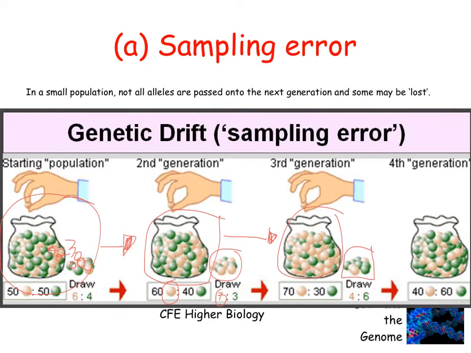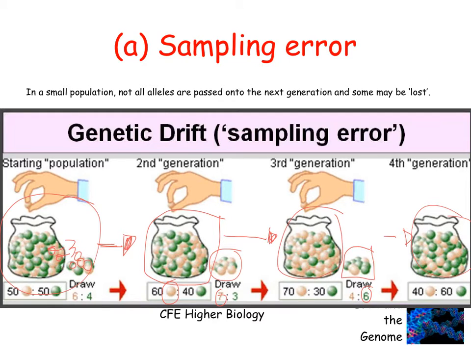Now it could be that eventually this sort of scenario happens where more green alleles are selected, and therefore you then get this drift towards these green alleles over here. But this is what we're talking about when we're talking about genetic drift.